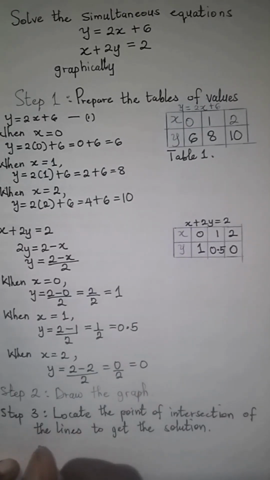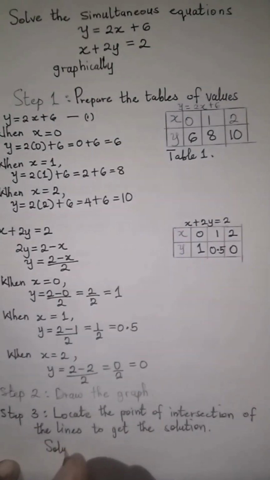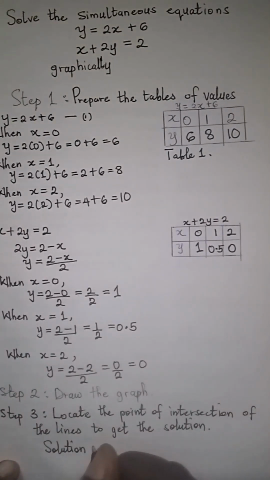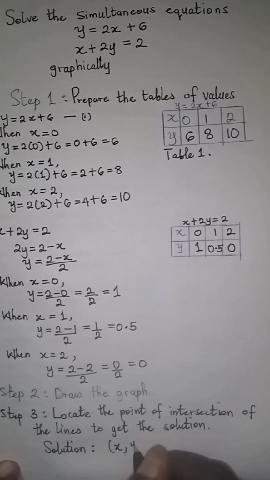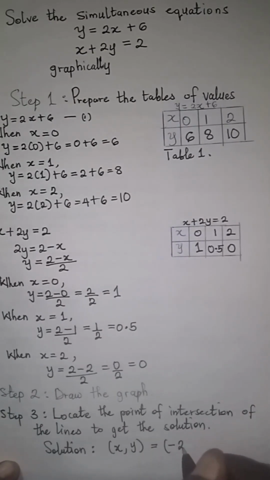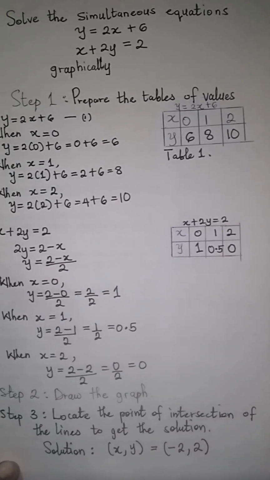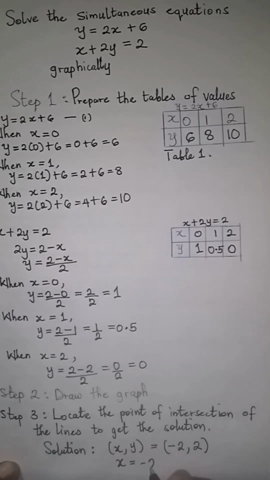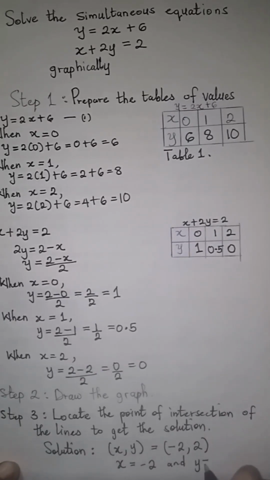That we have already done on the graph. So all we just do here is to bring the values here for our solution. So the solution to the simultaneous equation, x comma y, is minus 2 comma 2. This simply means that x is minus 2 and y is 2.